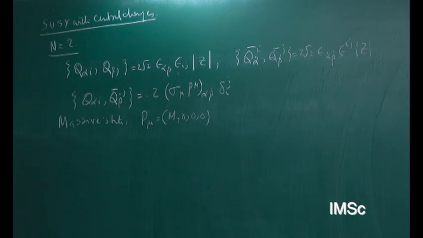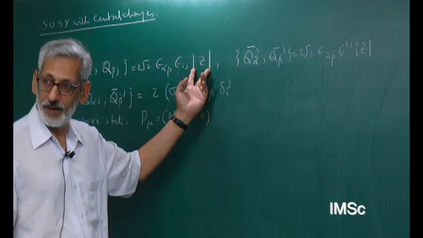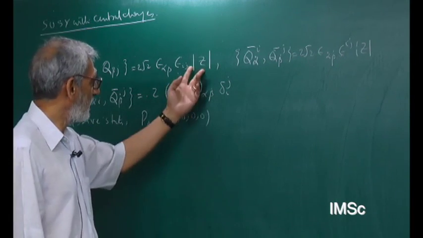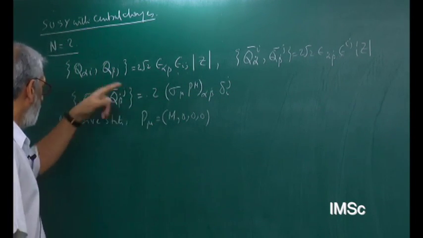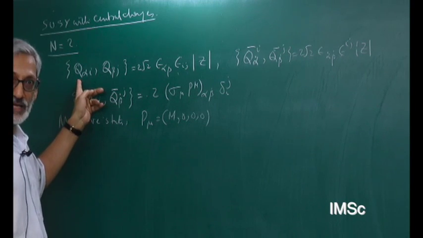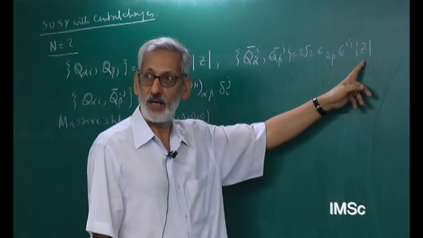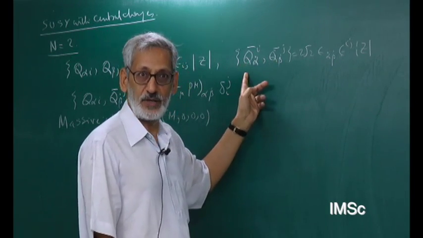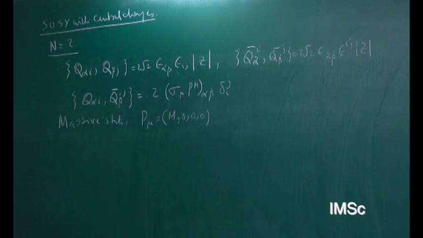That's why we put a mod here. We start with a complex number, but the phase of Z is unimportant because by rescaling the Q's I can absorb half of the phase here, half of the phase here, and I would have a Z bar here, which would have the inverse phase, and conjugates would take half of it here, half of it here. This relation will not see the phase.